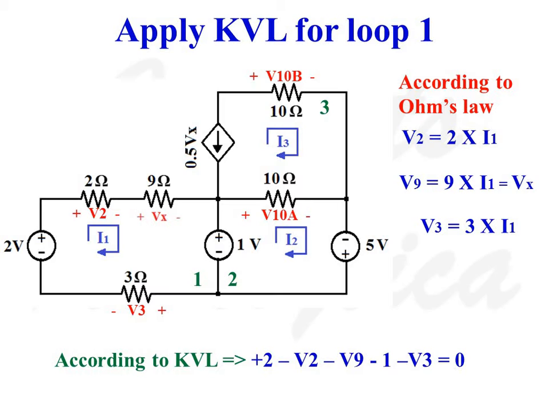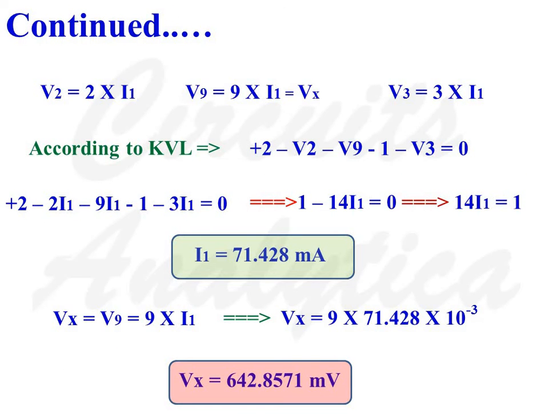According to Ohm's law, V2 is equal to 2I1, V9 is equal to 9I1 and V3 is equal to 3I1. So, according to KVL, plus 2 minus 2I1 minus 9I1 minus 1 minus 3I1 is equal to 0.